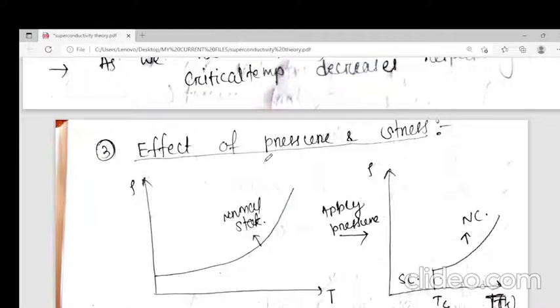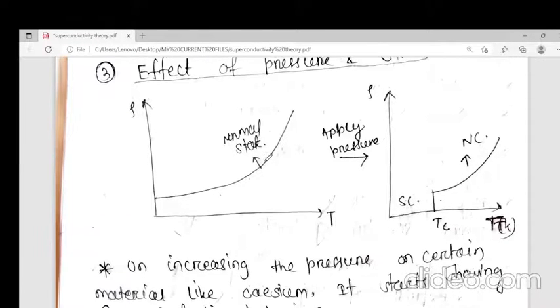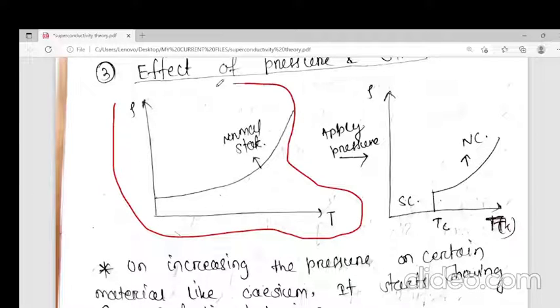The next property is the effect of pressure and stress. See, this is the rho versus T graph of a normal conductor.